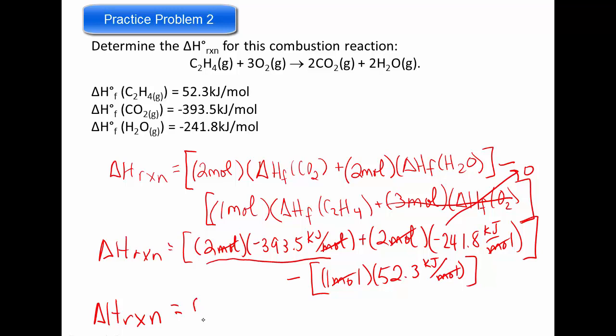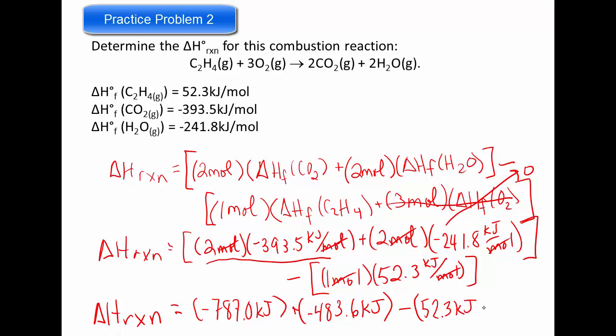So we have negative 787.0 kilojoules plus, now the 2 times negative 241.8, that gives us negative 483.6 kilojoules. And we are subtracting 52.3 kilojoules. And all of these go to the ones place, so when we add them up, it looks like I don't have room, so I'm going to write it right over here.